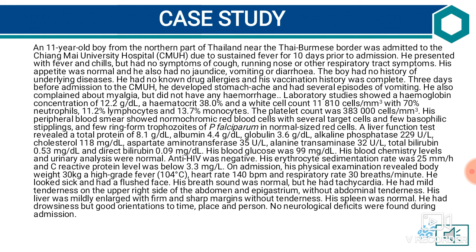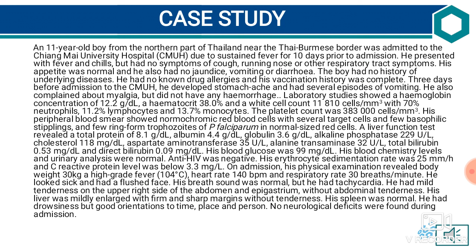Three days before admission to the CMUH, he developed stomachache and had several episodes of vomiting. He also complained of malaise but did not have any hemorrhage. Laboratory studies showed a hemoglobin concentration of 12.2 grams per deciliter.